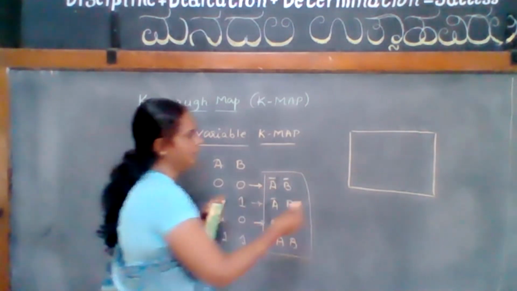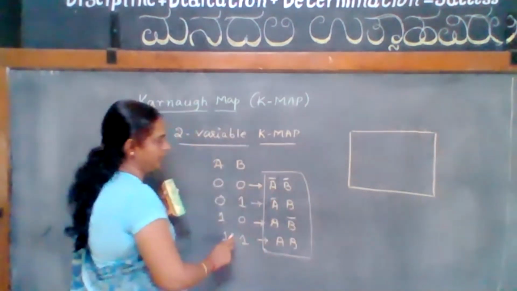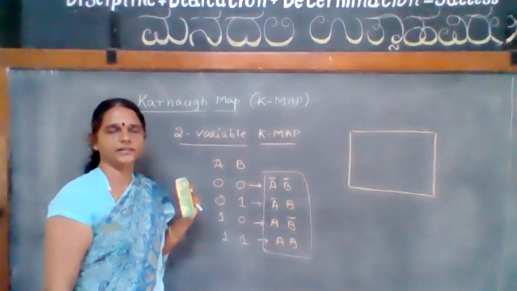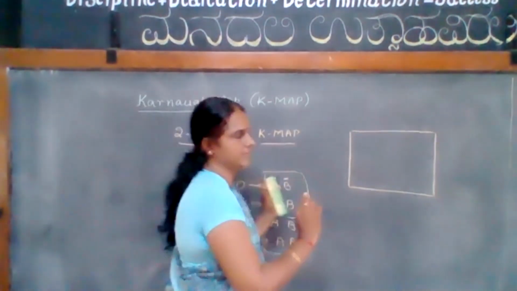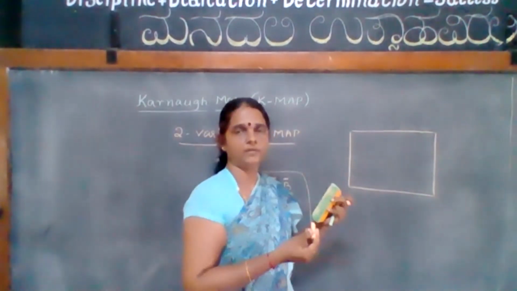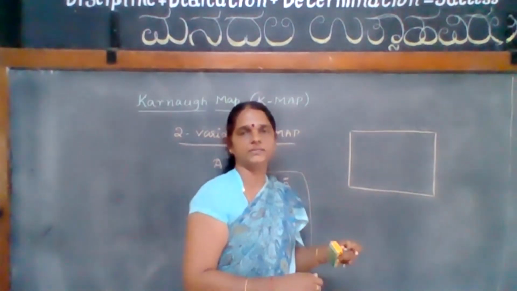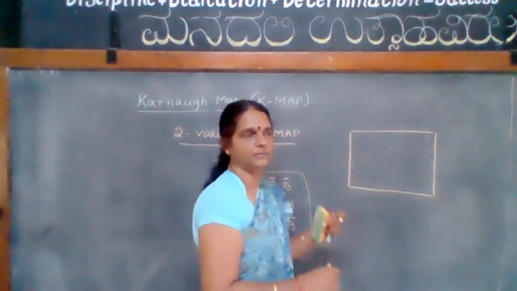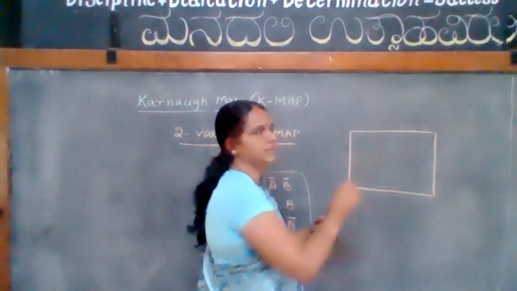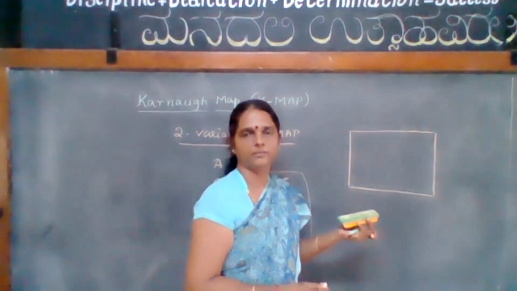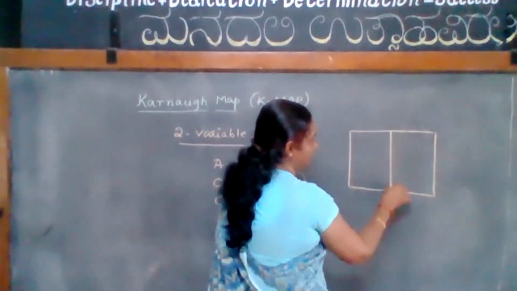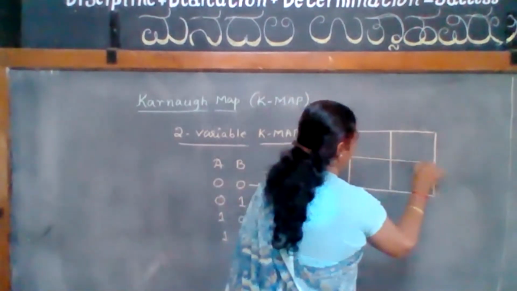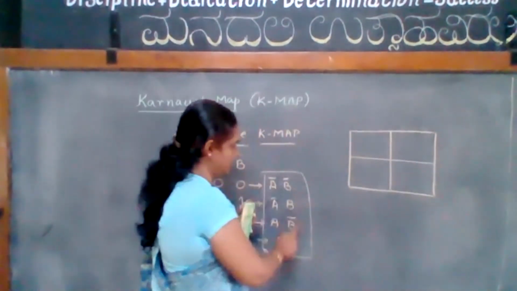Now, this indicates that in the K-map, there should be only 4 cells. This map has several cells. Depending upon how many possible combinations are there using those variables, we write the cells in the K-map. So here, four possible combinations are there.